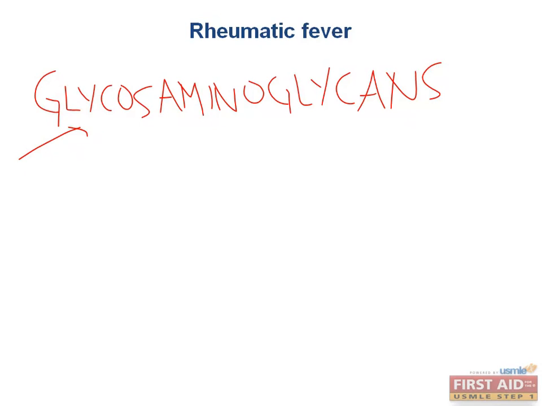They're very electronegative structures that pull in water, and these are present in our connective tissues. So if we start making antibodies to this, and it's present on our heart valves and other areas, that's going to be a really bad situation, right?